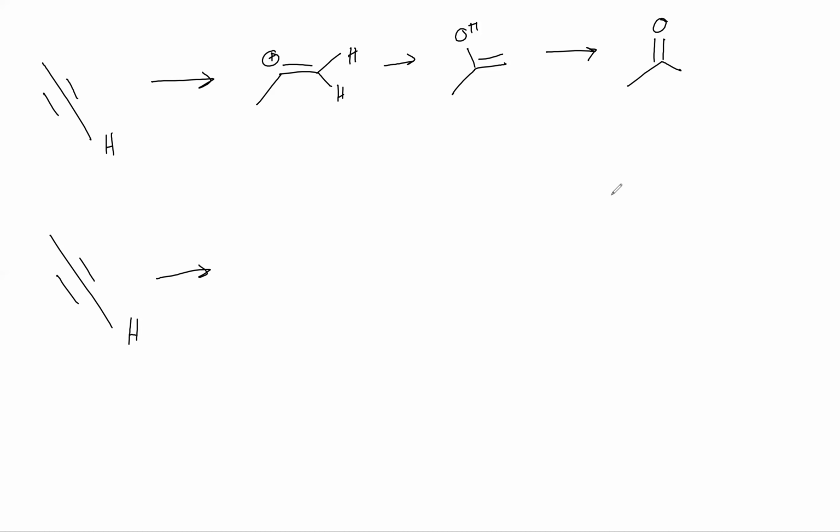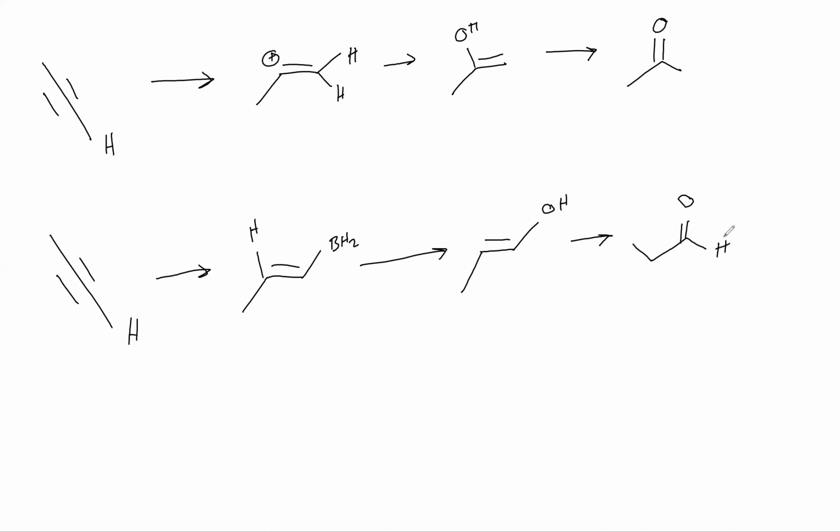Now, on the other hand, if we do hydroboration oxidation, we will end up with something a little different because we're going to have BH2 over here and hydrogen over here. Then we replace that with an OH, and then we tautomerize, and now we make something called an aldehyde.